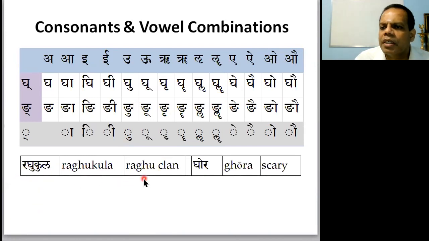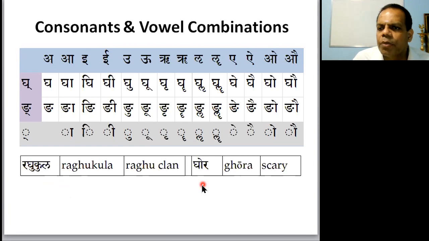Raghu is the name of the clan or dynasty. Kula is dynasty or clan. Rama is considered to have been born in the lineage of Raghu. Raghu was an ancestral king of Rama. Because of that, the entire dynasty or lineage is called Raghu Kula.